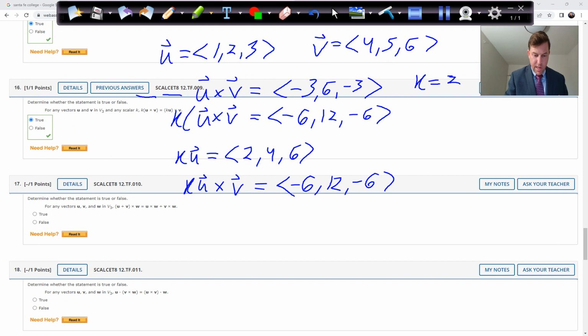So we can take some scalar k and multiply it by the resultant cross product, or we can multiply k by one of the two vectors first and then take the cross product. So notice the difference in order here. Cross product first, then k, or k first, then the cross product, and we will get the exact same answer. So that one's true.